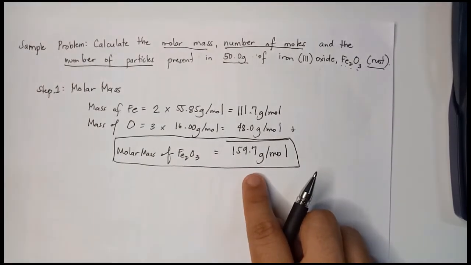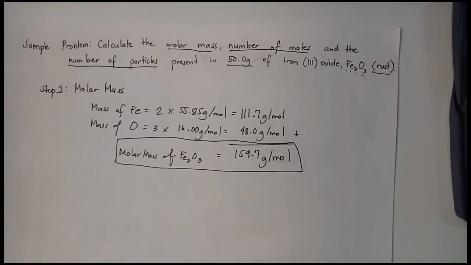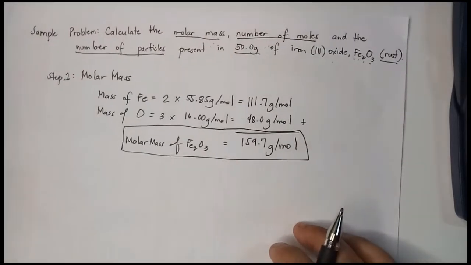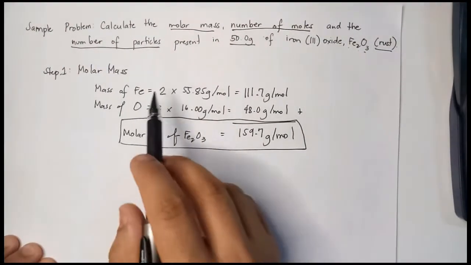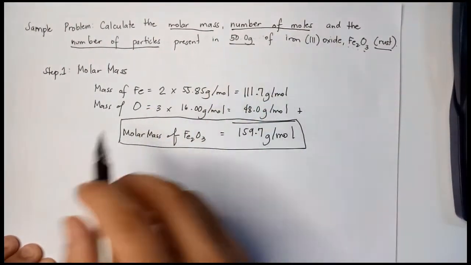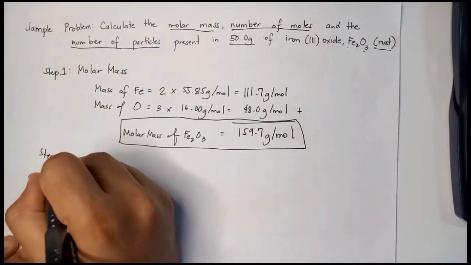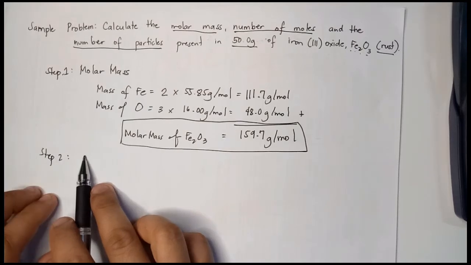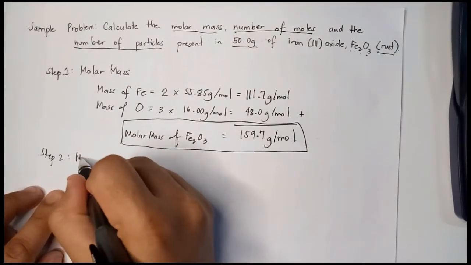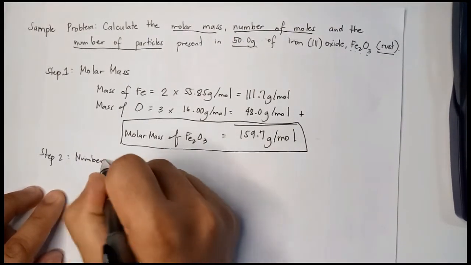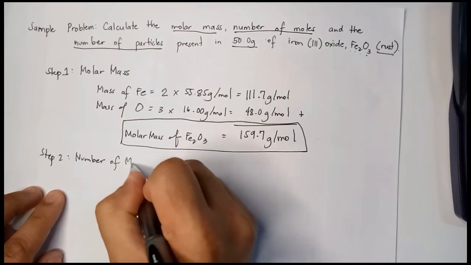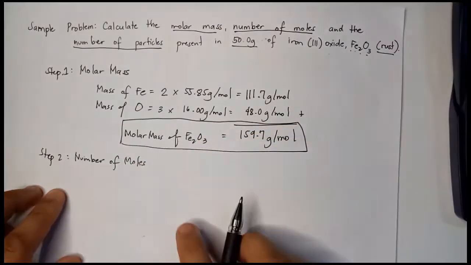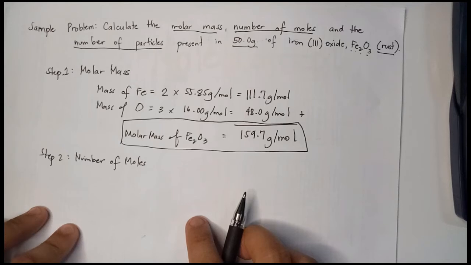Can you follow? Next. Second, hinahanap naman natin ay the number of moles. So, step number 2. Lagi niyong titingnan, ano ba yung hinahanap ng problem? So, number of moles, ito ay katulad ng ginawa natin kanina.